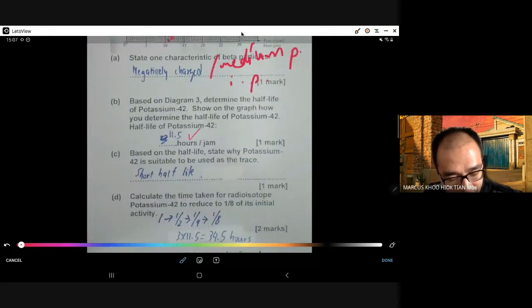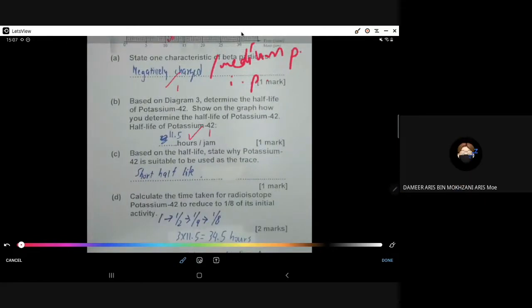11.5. Alright. So, question C. Based on half-life, state why potassium-42 is suitable to be used as a tracer. Potassium-42 has a short half-life because it takes a short time to decay. Okay.